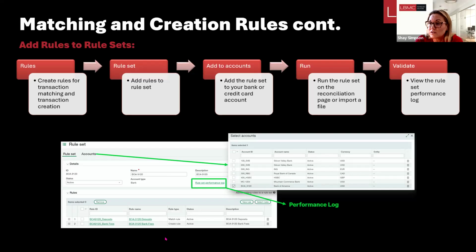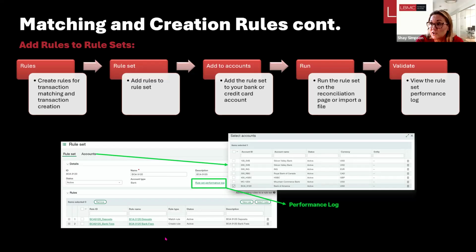You may have others that need a little bit more specific criteria. Another example there would be a rule set that's specifically for a sweep type of account. A lot of times on those sweep accounts, because it is in and out transactions, sometimes we will set those journal entries to record in Intacct. It's kind of six of one, half dozen of the other because it's literally just going in and out. But that would be an example of why we would associate a rule set with a different type of cash account.